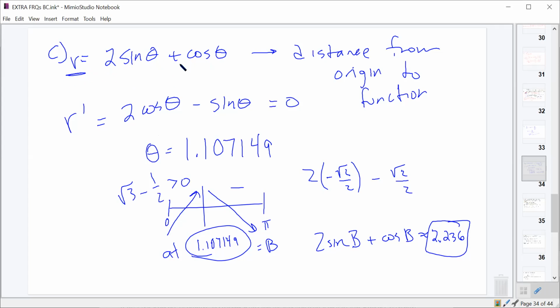It's a function that represents a distance between two things, and we want that distance to be the max. So we just take the derivative of r with respect to the variable we're using, theta. So r prime is just this derivative. It would be the same as if we rewrote this as y equals 2 sine x plus cosine x and asked when that is at a max. The process would be to take the derivative with respect to x and set it equal to 0.